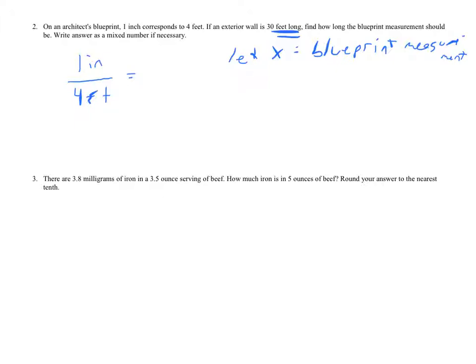And so then we know that in our other ratio, the 30 feet is going to be opposite the 4 feet in the first ratio, and our unknown, our variable x, is above that 30 feet in the ratio. Now we use cross products. 4 times x equals 1 times 30. 4 times x equals 30.